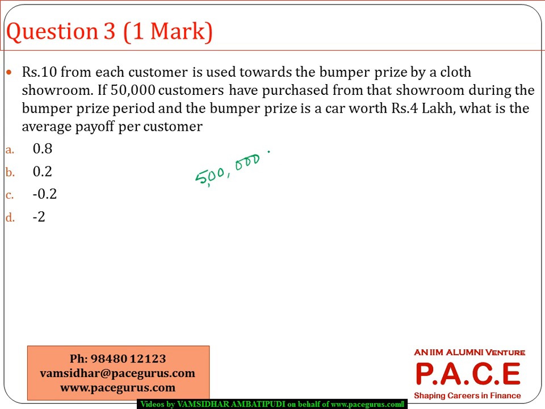So 5 lakhs has been the amount that the company has received towards the bumper price, whereas the bumper price is worth 4 lakhs. So outrightly, even whosoever gains the bumper price, the company has got a profit of 1 lakh.